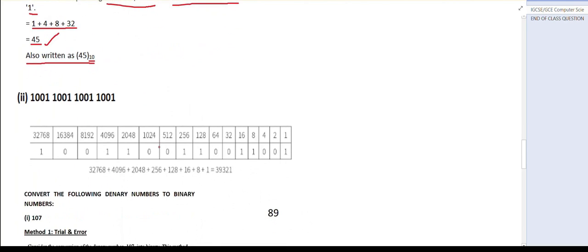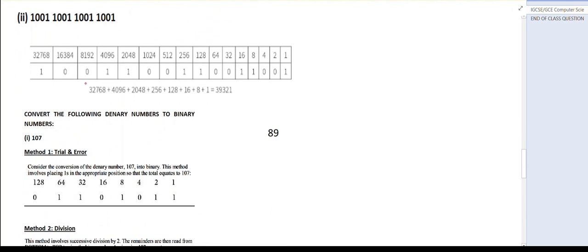Now we are moving on to 16-bit. 1001, 1001, 1001, 1001. This is a question. Now convert it into denary form. Remember, the headings will be the same: 1, 2, 4, 8, 16, 32, 64, 128. Continue it. As 128, we know it's 2 to the power 7.